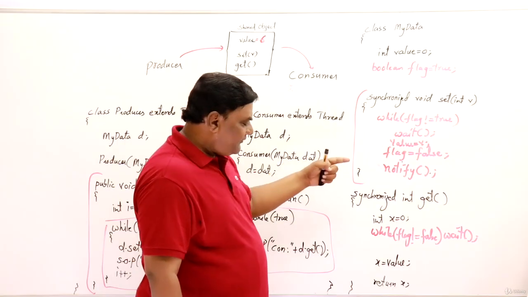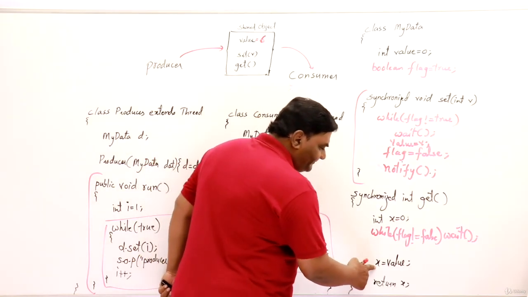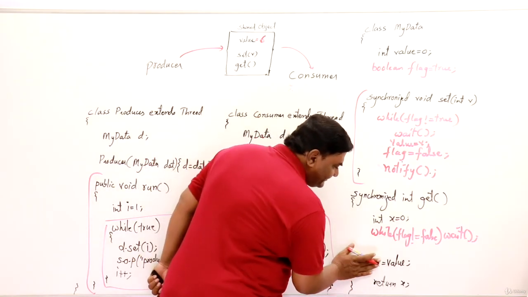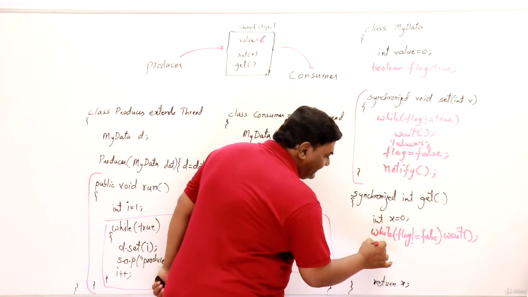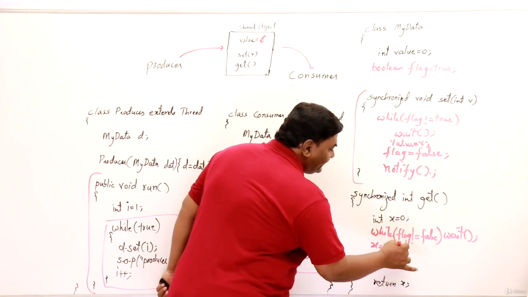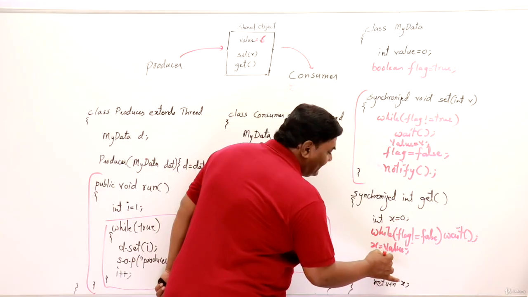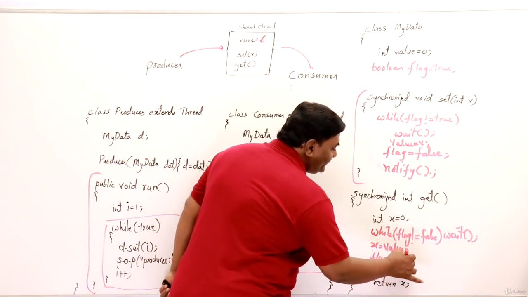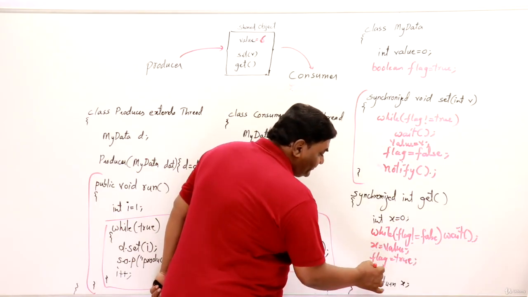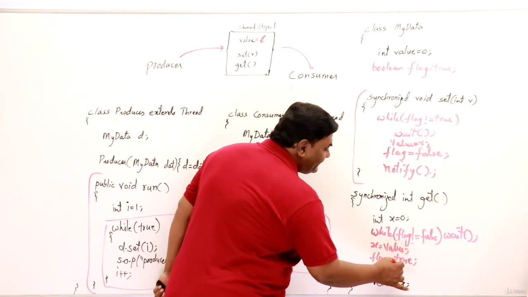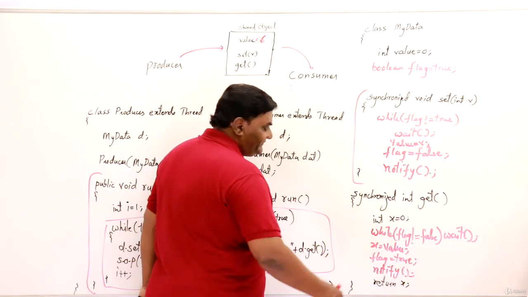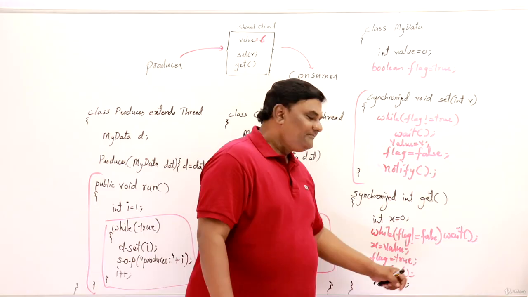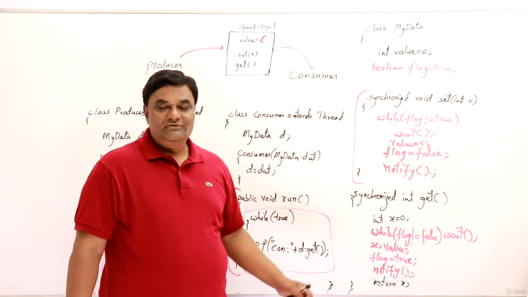And once it becomes false, the consumer will take the value. First take the value. So I will remove this and write once again x assign value. Take it in some variable and make flag true because it is the producer's turn now. And also notify whoever is waiting. Who is waiting? The producer is waiting. And then return the value. So this is what I have to write.